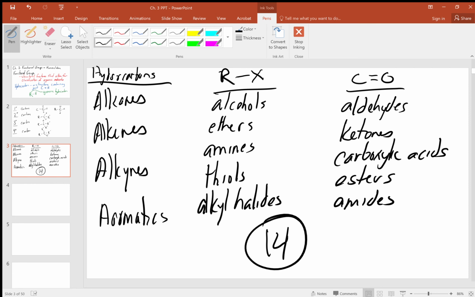So as I go through each of these functional groups, what I'm going to be doing is, we'll look at the functional group, we'll define what its structure is, and then after that, I'm going to give you some examples of, possibly an interesting molecule or an application of where you might find that functional group. What do you need to know from this? So you need to know the functional group. You need to be able to identify that functional group, or you need to be able to go the other direction, which is you need to be able to draw the functional group. You also need to be able to go the other way.